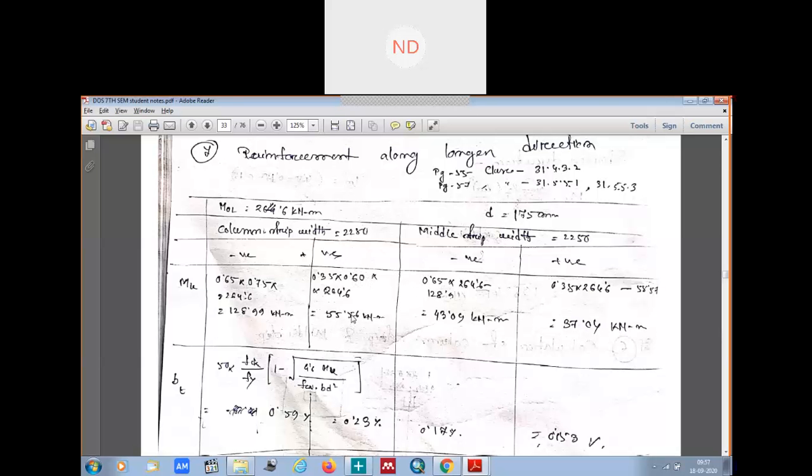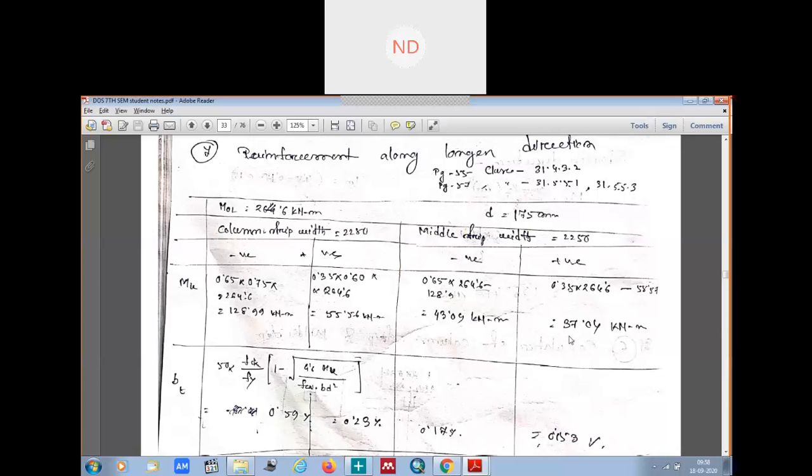After that we'll get this much positive moment, so we will subtract this. We will not calculate twice, that means for 60% we are not going to give the reinforcement twice for resisting the positive moment. So this much is subtracted since we have already calculated it for 60%. So we got our moment to be this much.